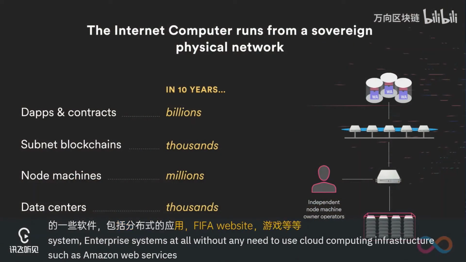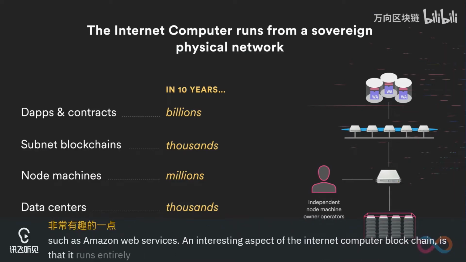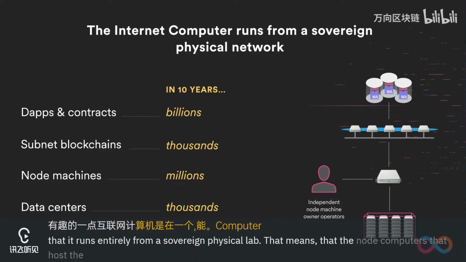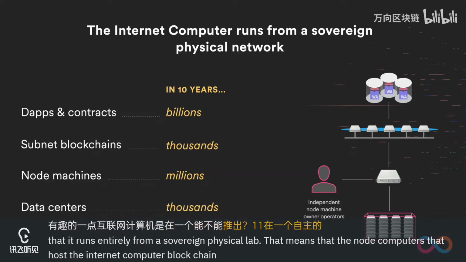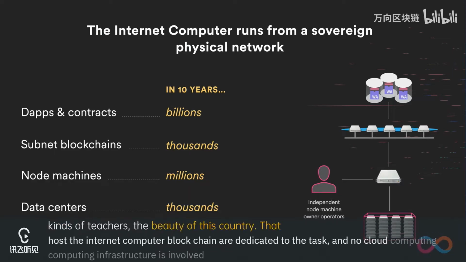An interesting aspect of the Internet Computer Blockchain is that it runs entirely from a sovereign physical layer. That means that the node computers that host the Internet Computer Blockchain are dedicated to the task, and no cloud computing infrastructure is involved whatsoever.